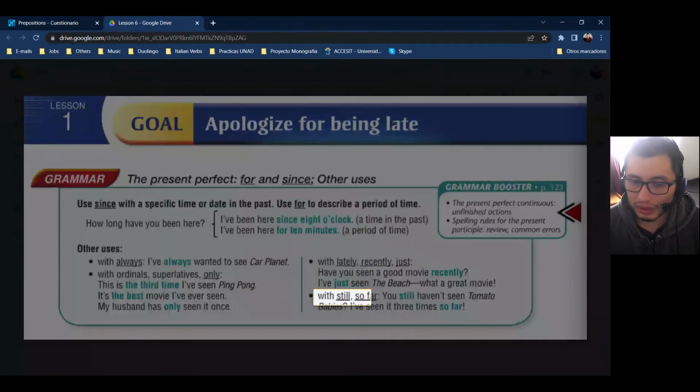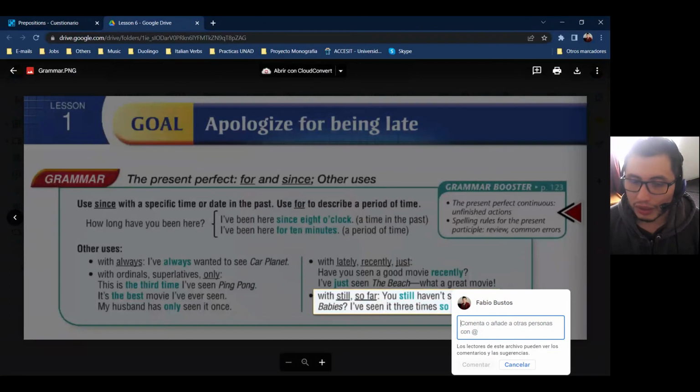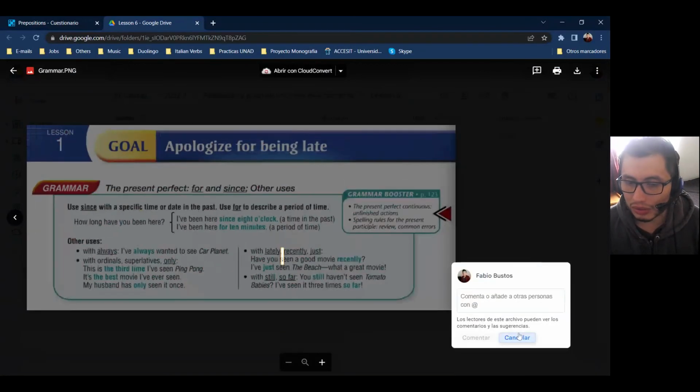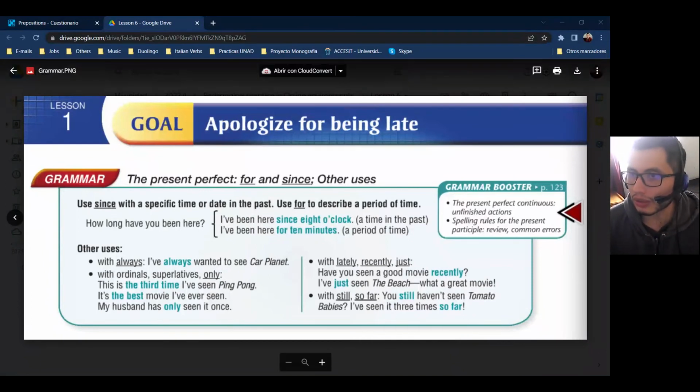Okay, with still and so far. Okay, you still haven't seen Tomato Babies. I have seen it 3 times so far. Okay, when we talk about still, we're talking about an action that has not happened until this moment of my life. I mean, I have never done that until this moment of my life, but probably I want to do it.